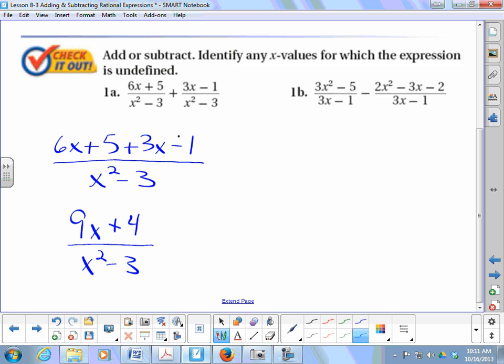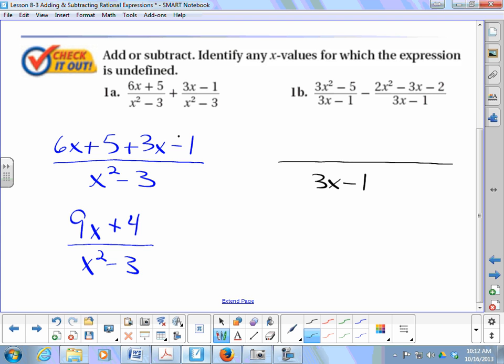All right, letter B then. Now, when we're dealing with subtraction, it's tougher because when we're subtracting polynomials, we have to change the signs. So when I do this, I'm actually going to do one more step. You don't have to if you don't want to, but I'm going to write it in one more step. My denominator is common right now, that's excellent.